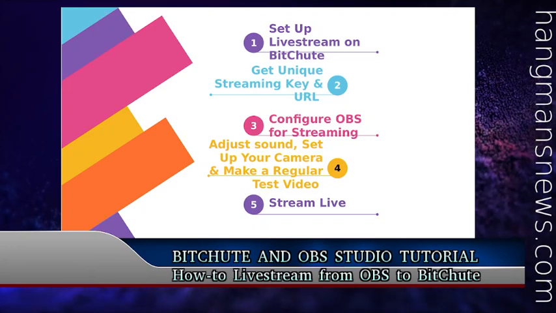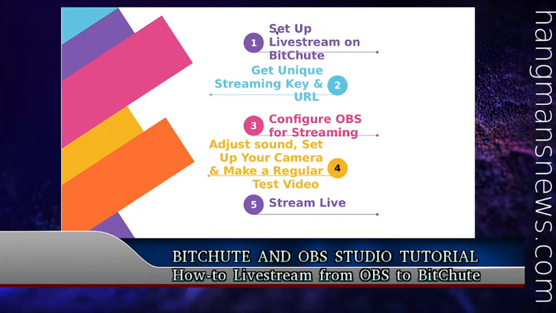So let me just read my presentation here to get an overview of what we're gonna have to do. First, on BitChute, we need to make an account, but let's assume you already have the account set up.